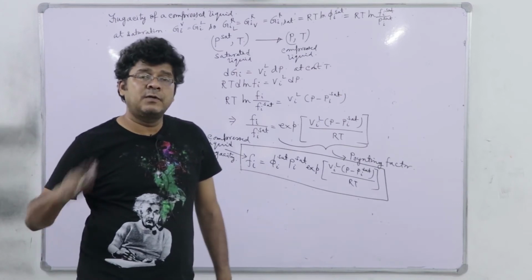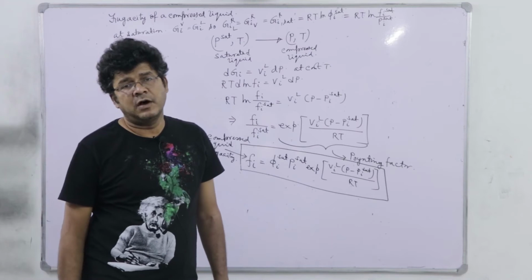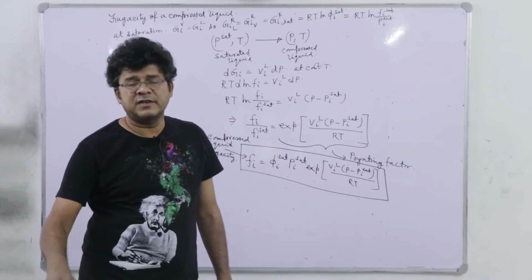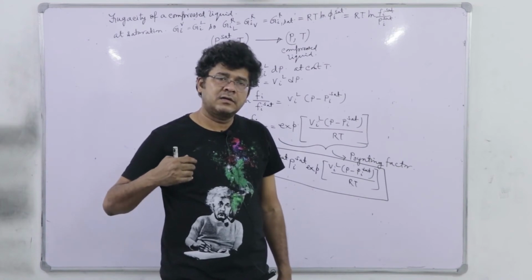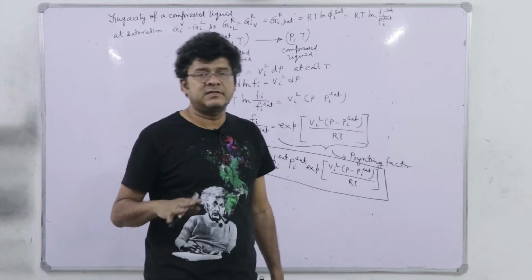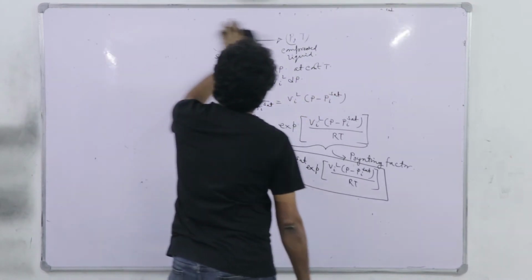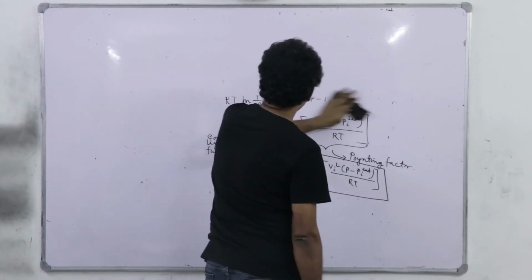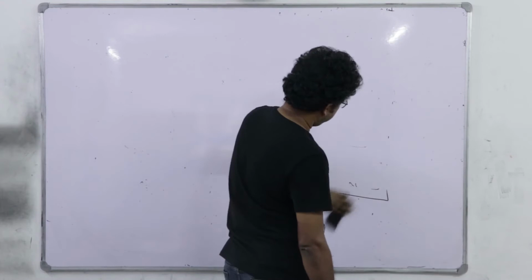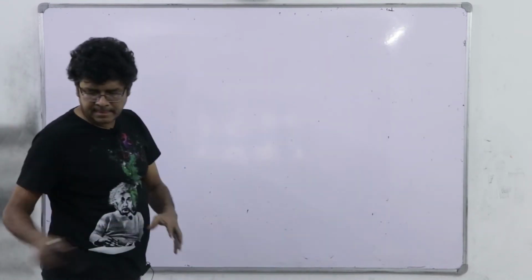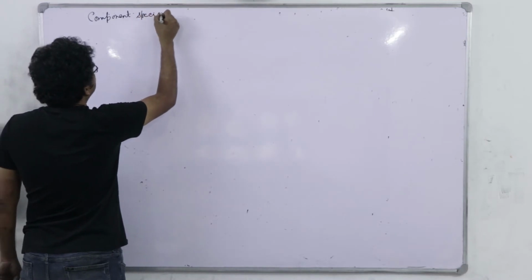Here, first we will formulate the partial molar Gibbs energy, or chemical potential, expression in terms of pressure for an ideal gas mixture, and after that we will extend the theoretical framework of this expression to real gas mixtures. So the topic is component species fugacity for real gases.